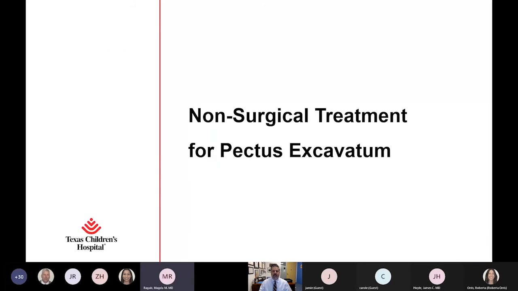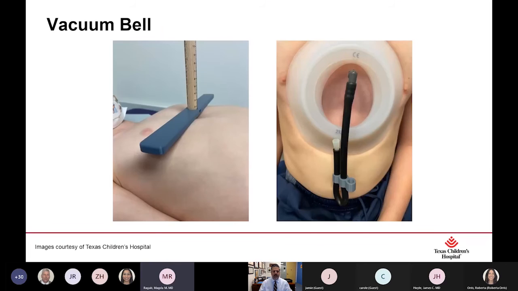So what if you had a patient that you didn't want to do surgery on for various reasons? And I can tell you that in the patients that I've shown you and older patients, surgery is the gold standard. But in younger patients, who knows? So there is a vacuum bell that we can provide to our patients.